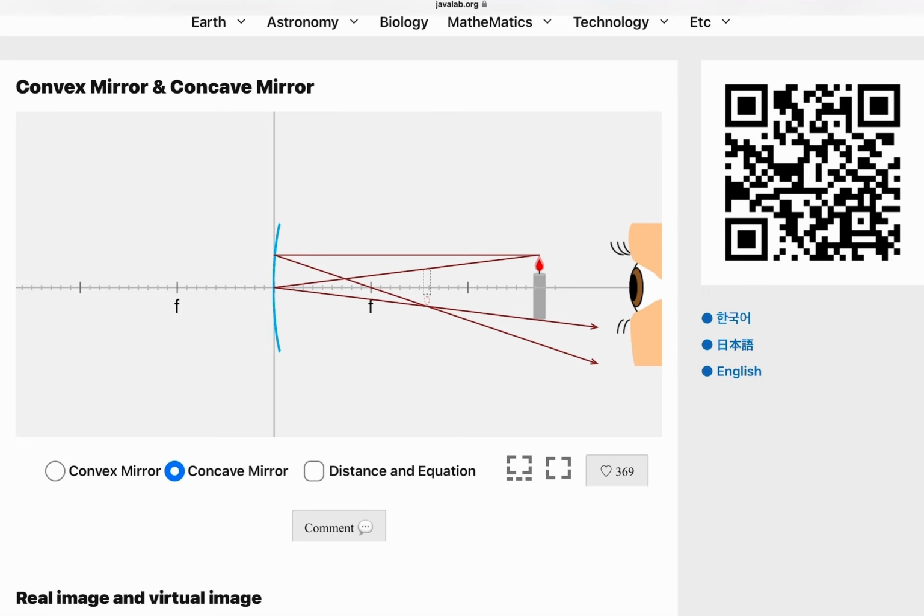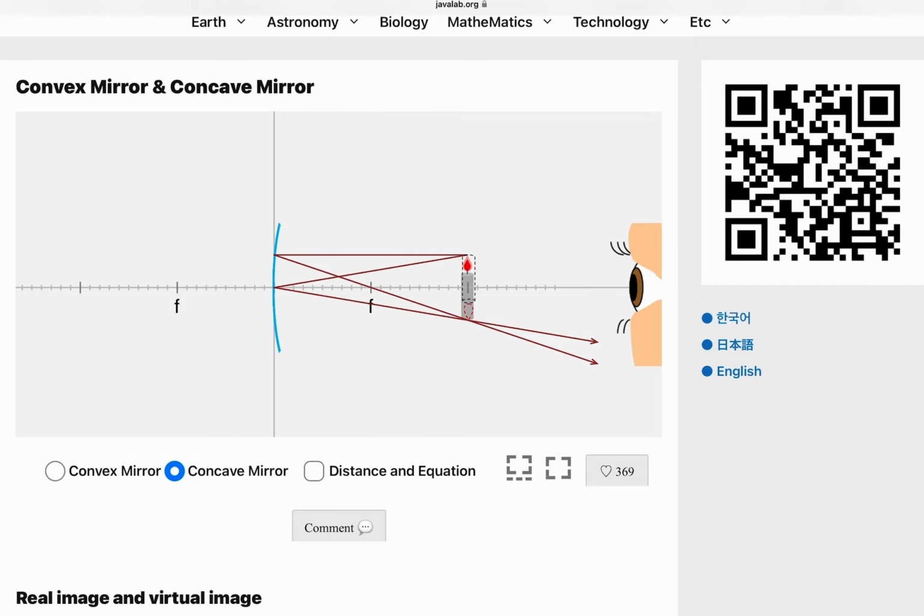When it's outside the center, it's going to be less than 1. As you see, the image is smaller than the object, but when I place it at the center, it's going to be 1. So the image and the object will have the same size. Here, the image is real and inverted with a magnification of 1.